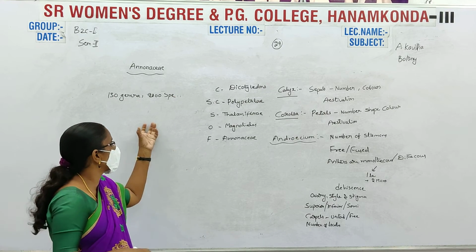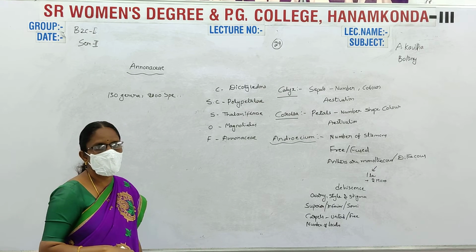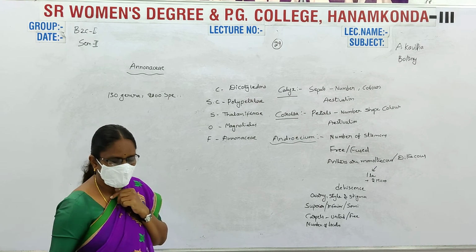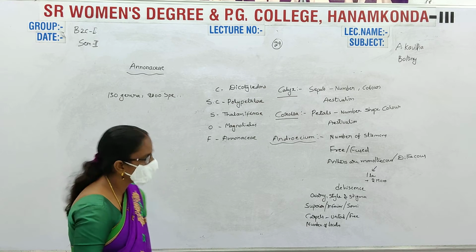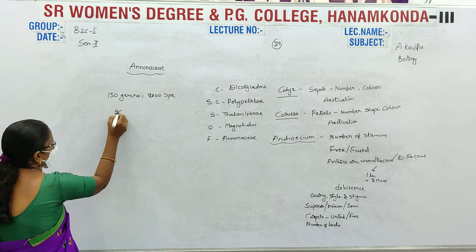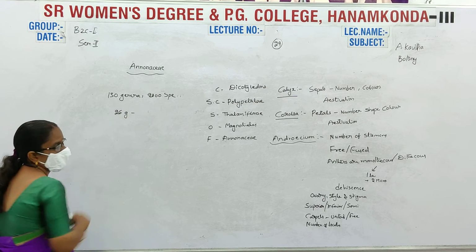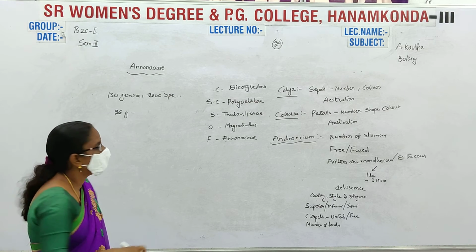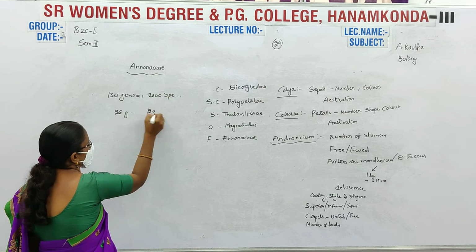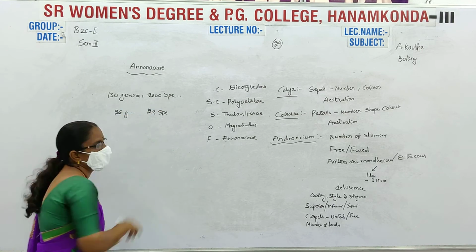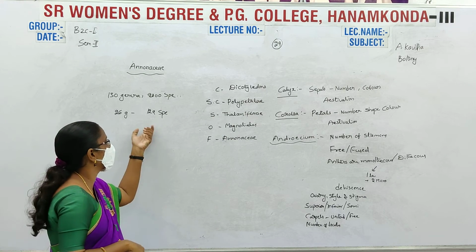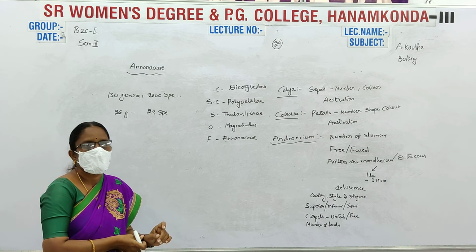In India, only 26 genera and 129 species are present.